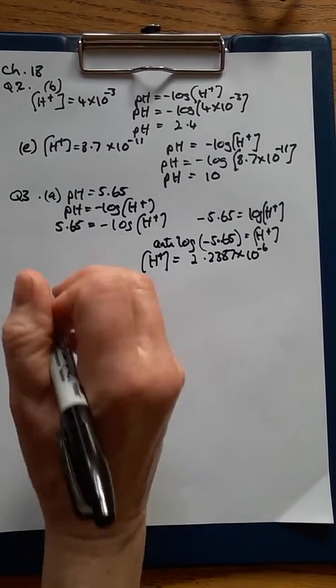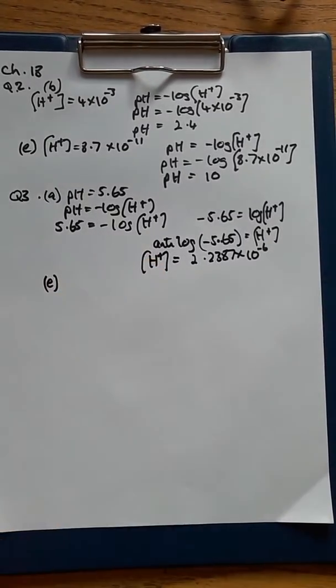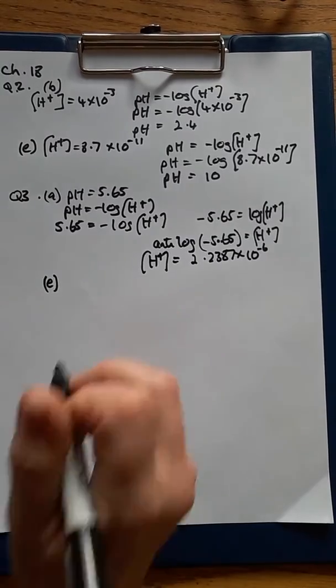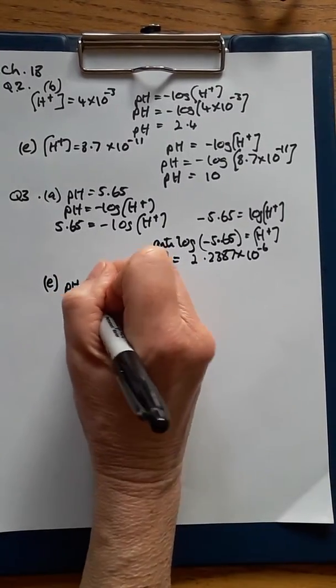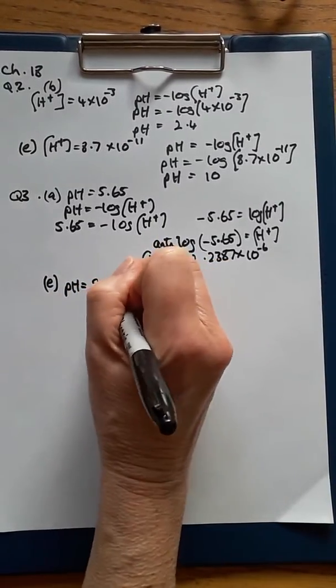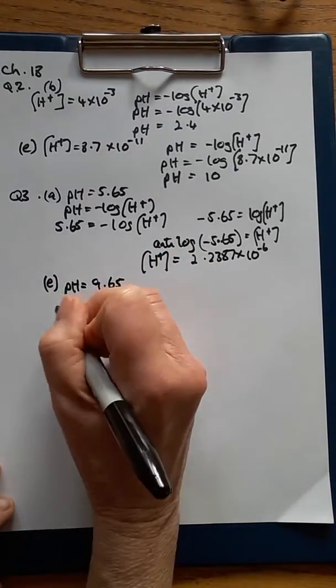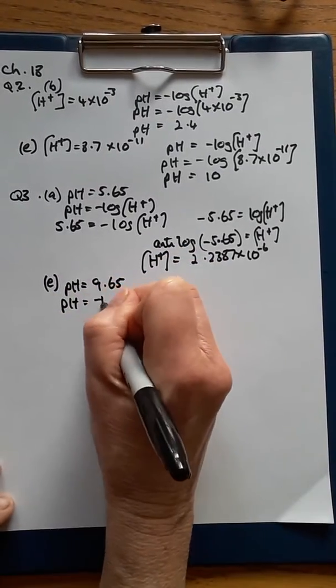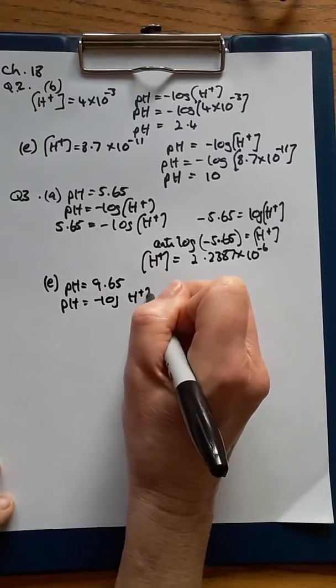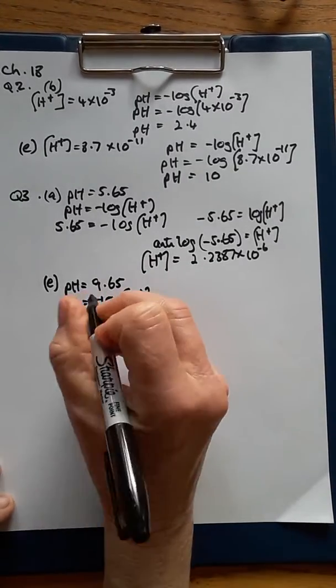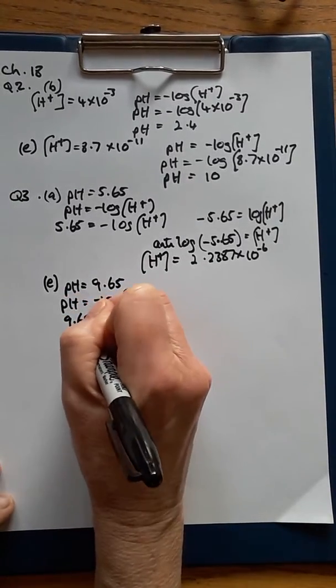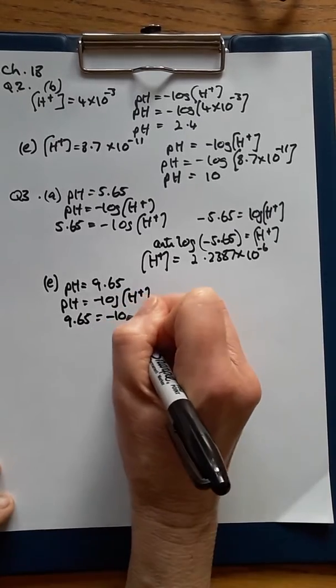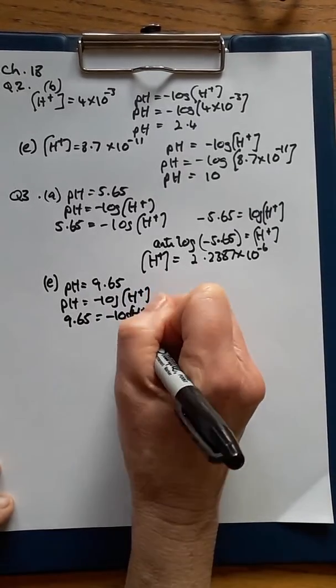Part E, I'm going to look at part E. Part E says, find the hydrogen ion concentration of a solution whose pH is 9.65. So we know that the pH is minus the log of the hydrogen ion concentration. That means that 9.65 is equal to minus the log of the hydrogen ion concentration.